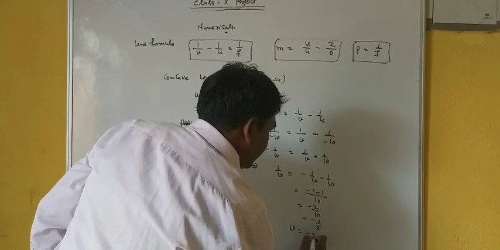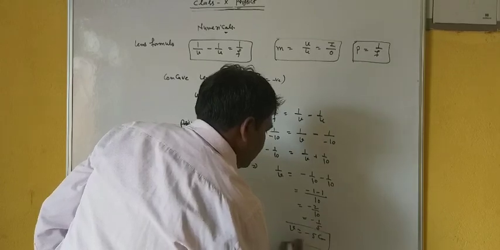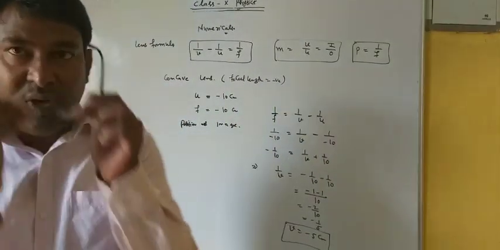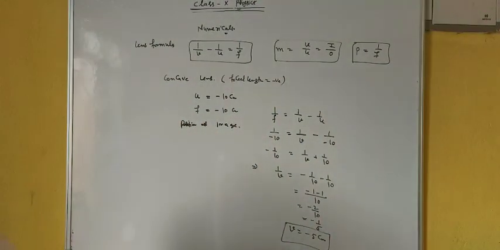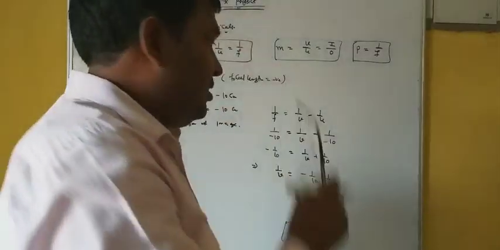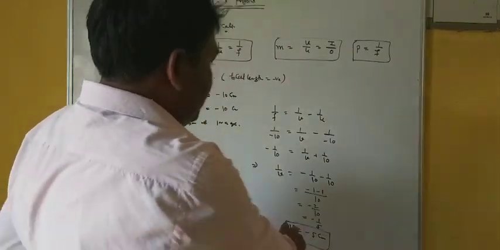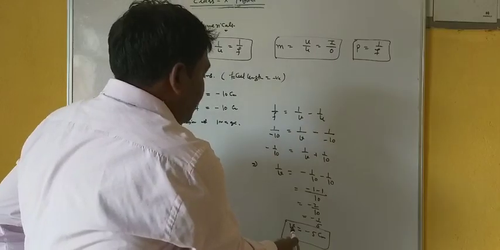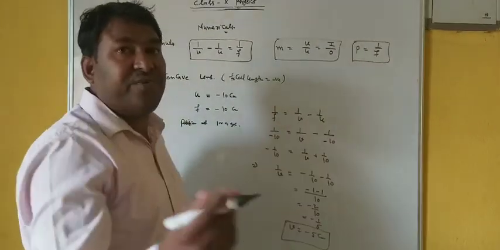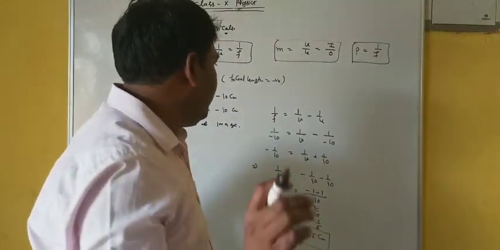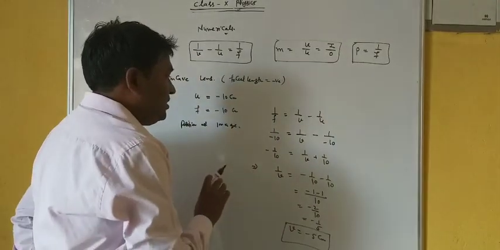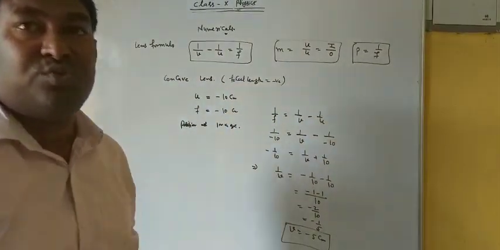So V is equal to minus 5 centimeter. The value of V is negative, which means the image is also in front of the concave lens, so it is a virtual image.